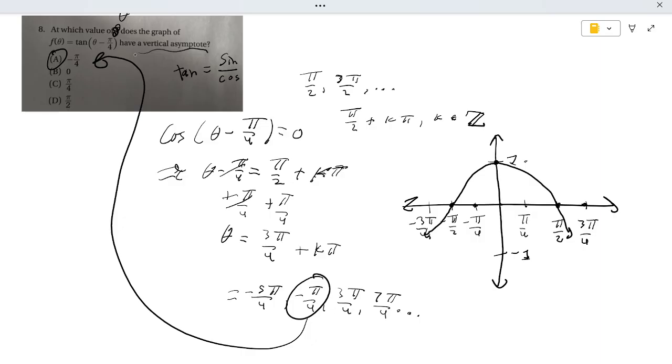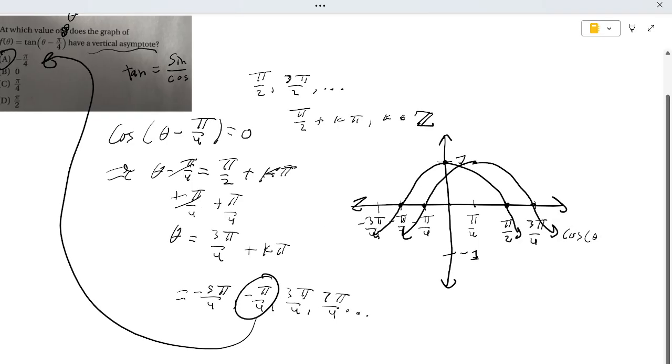This is going to be cosine of theta minus pi over 4, and this is going to be cosine of just theta. You can see it's just shifted to the right. And because it shifted to the right, it's going to have a 0 at negative pi over 4, if that makes sense.